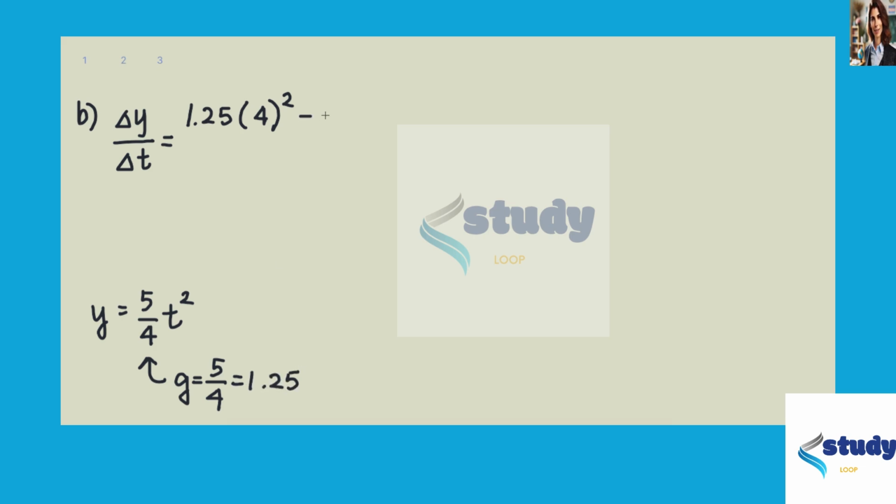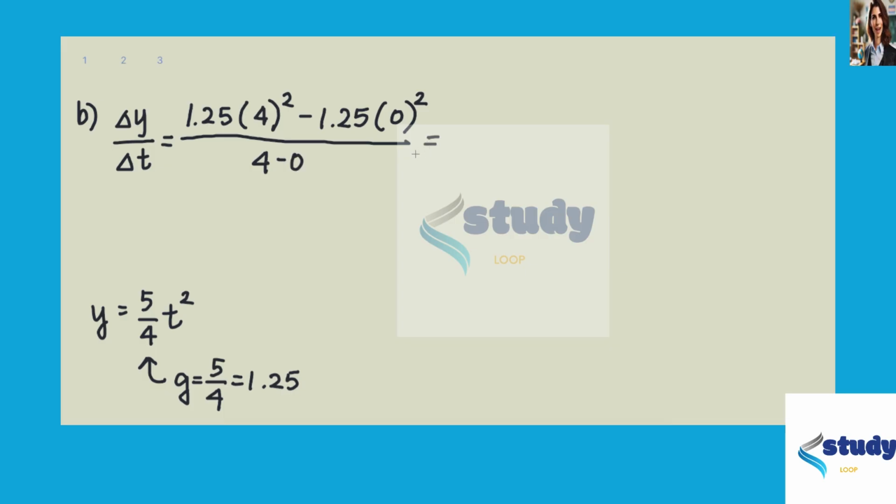And going back up here, we have 1.25 times 16, minus the other height that we do know at the other time, which is 0 seconds. So on the bottom is the change of time, which is just 4 minus 0.